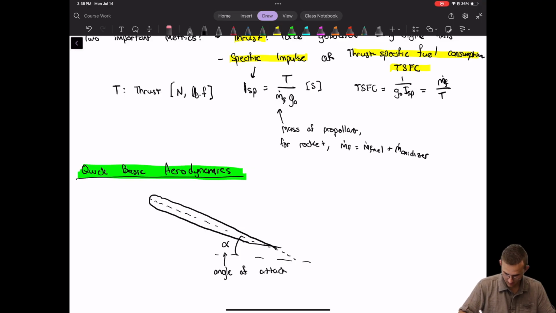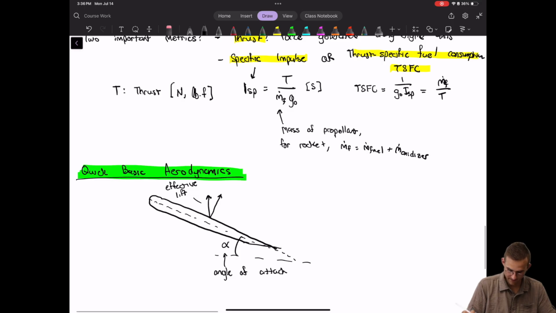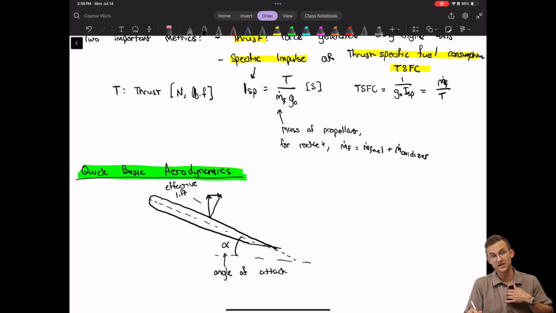And then what you end up with is some effective lift, which is composed of the contribution of the pressure distribution, in the component that's normal to the airfoil chord.